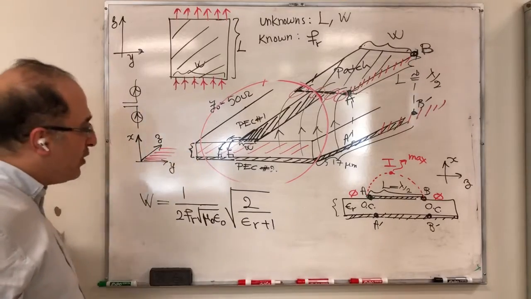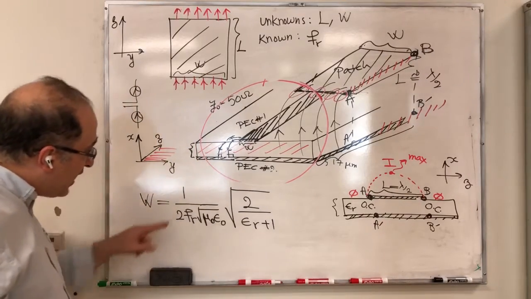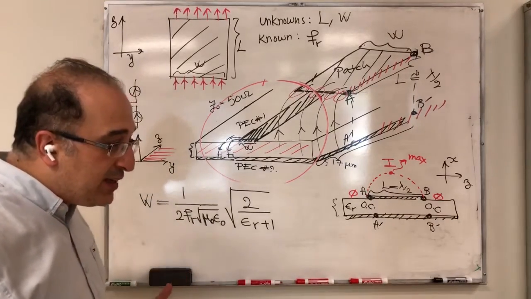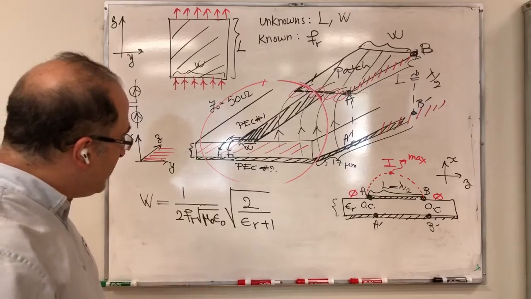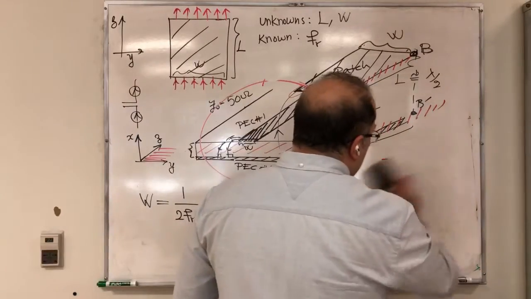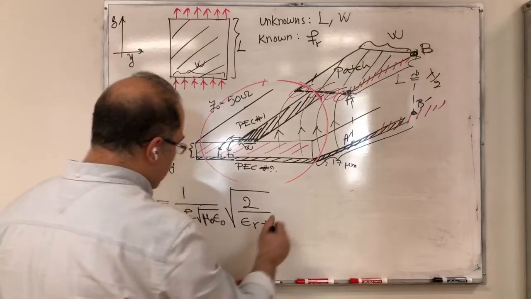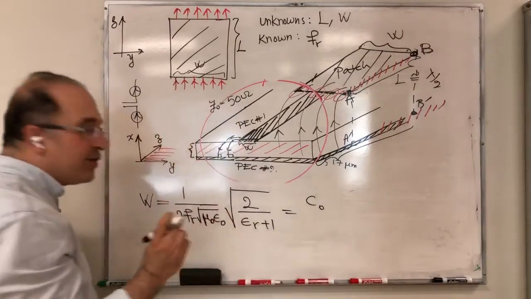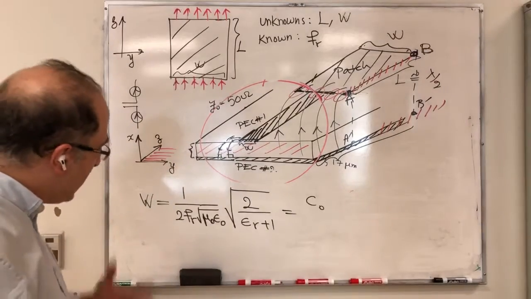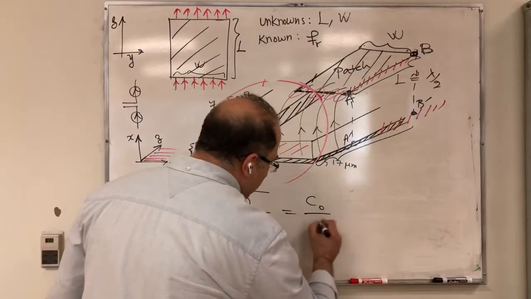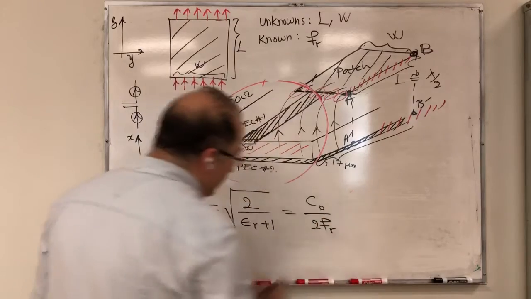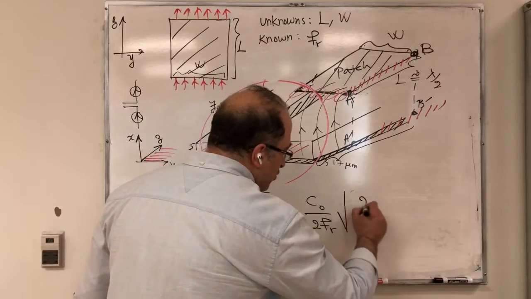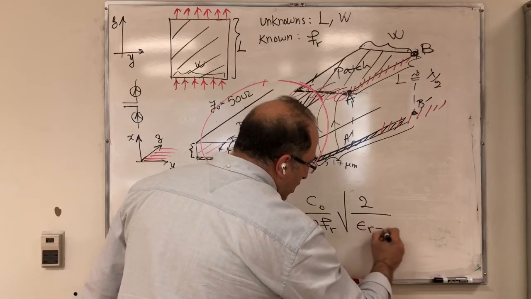And remember that 1 divided by the square root of mu naught epsilon naught is essentially the velocity of light in free space. So you may also write this equation as C naught divided by 2 FR, where naught means you are in free space, air, and then you get the square root of 2 divided by epsilon r plus 1.